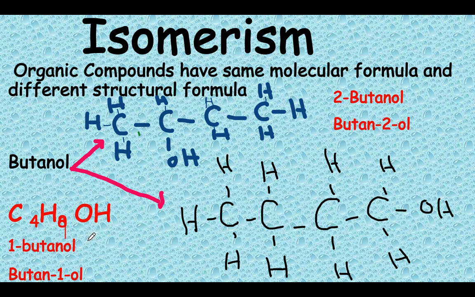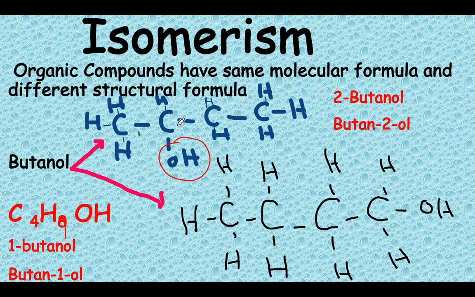So if we have the same number of hydrogens, 9 hydrogens and OH, the same molecular formula, we call this compound 2-butanol. Why 2? Because the OH is bonded to carbon 2.